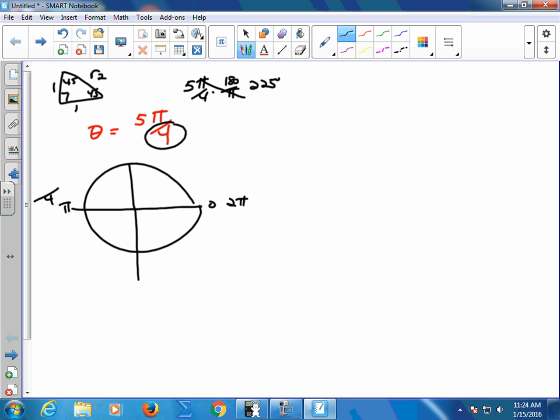What number goes on the top? 4. I need it to cancel out, right? When I double it, what do I get? 8 pi over 4. So now, as I come around the circle, I'm going to count. I'm going to get to my 4 pi over 4, and what comes next? 5 pi over 4. I know this guy is 5 pi over 4. Ah, same as 225, isn't it? It's 180 degrees, and then 225. And what's 225 minus 180?